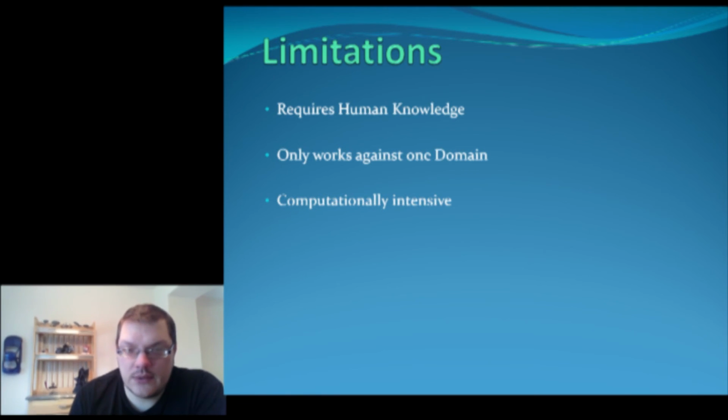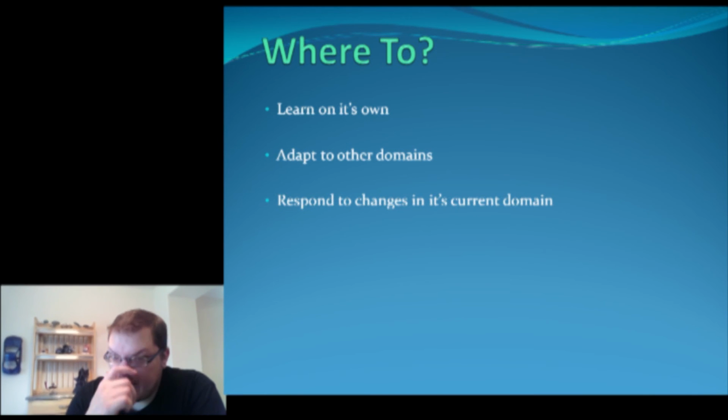How are we going to move past them? Where are we going to go from now to get to somewhere where these algorithms can overcome these limitations? How can it learn on its own?